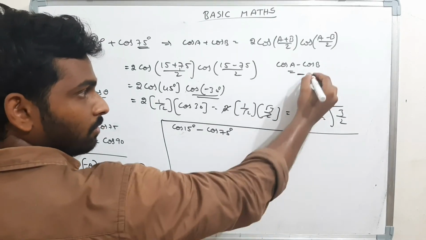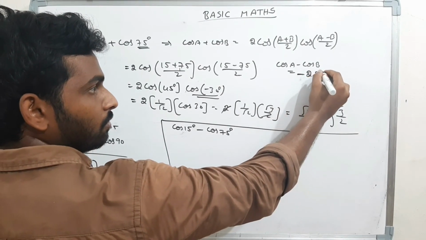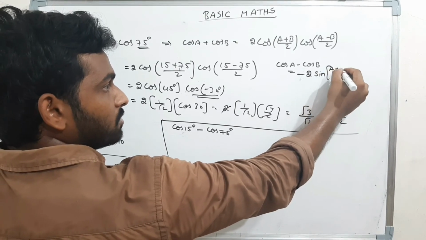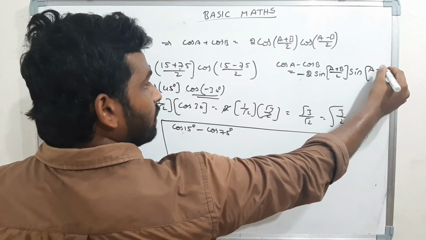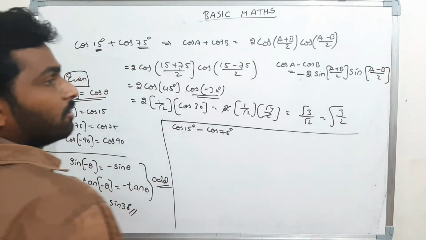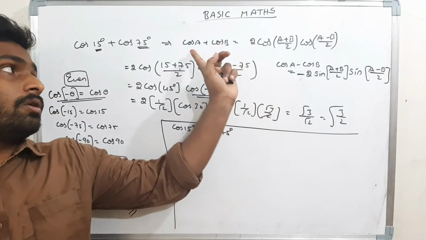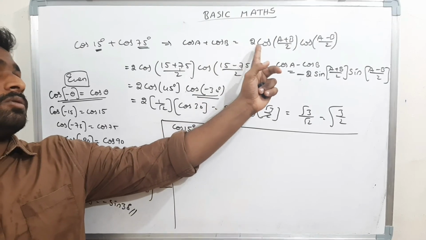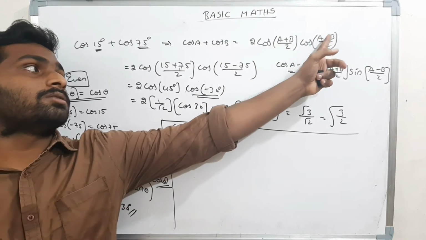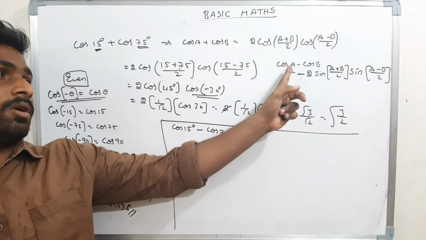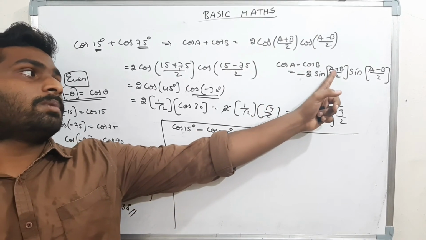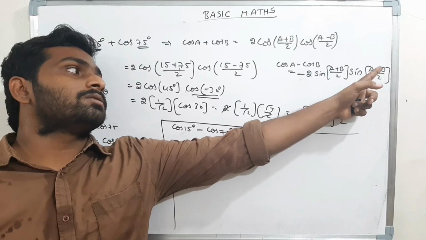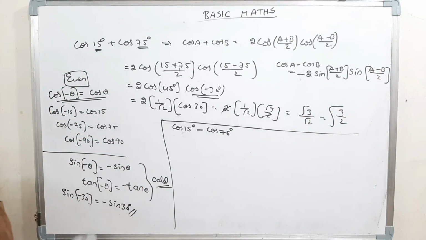Minus 2 sin A plus B by 2 sin A minus B by 2. Do you remember the formula? Cos A plus cos B means 2 cos A plus B by 2 cos A minus B by 2. If it is cos A minus cos B, it means minus 2 into sin A plus B by 2 sin A minus B by 2. Now use this formula here.